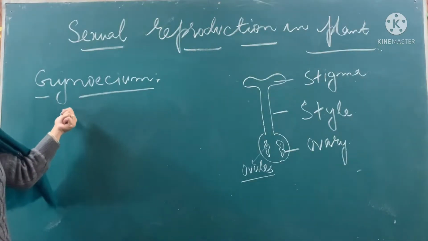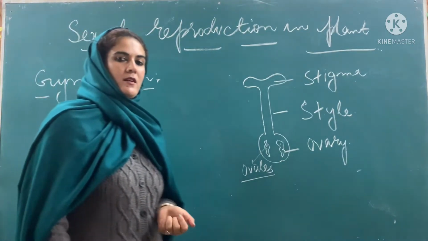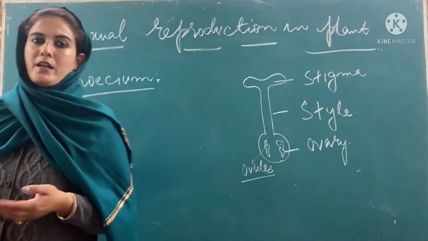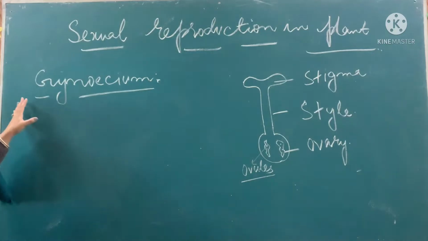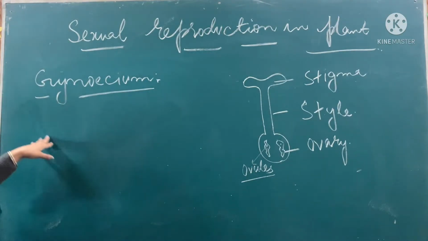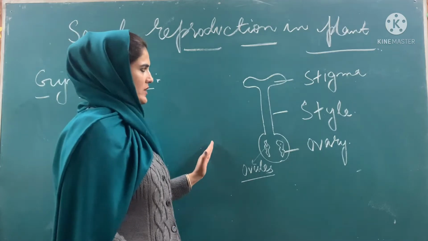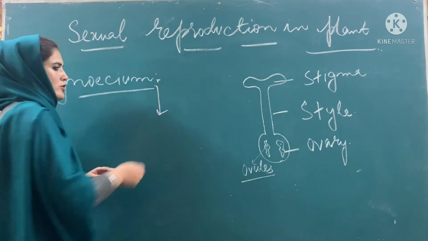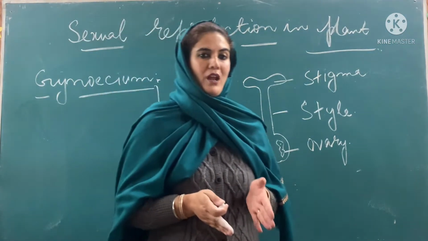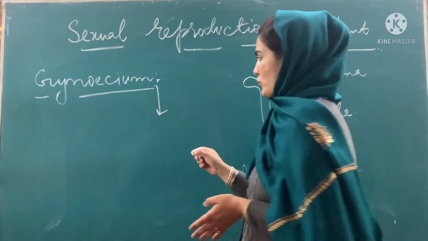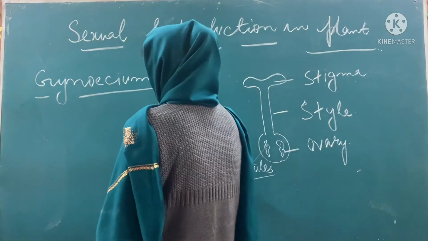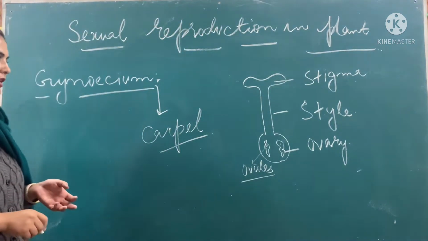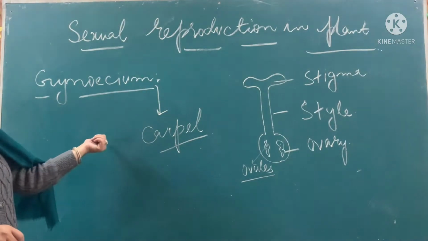As we discussed the first three parts of the flower, sepals, petals, and androecium, now we will discuss gynoecium. Gynoecium is known as the female reproductive part of a flower. Apart from that, it's also known as carpel.